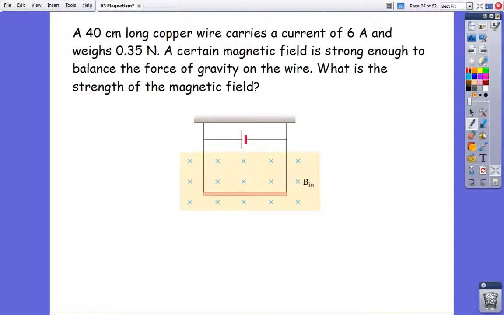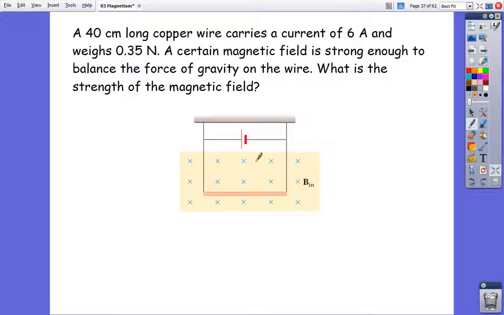Now for the next question, you need to do it by yourself. Okay? A 40 centimeter long copper wire carries a current of 6 ampere and weighs 0.35 Newton. A certain magnetic field is strong enough to balance the force of gravity on the wire. What is the strength of the magnetic field?